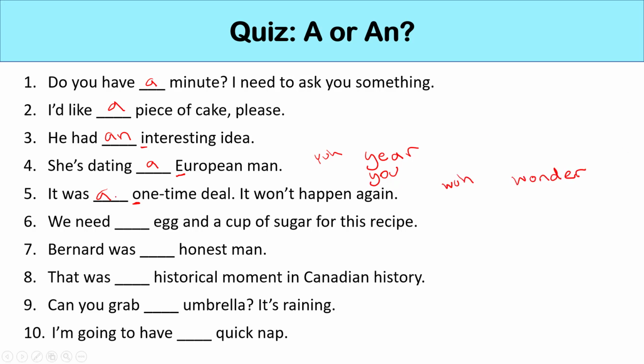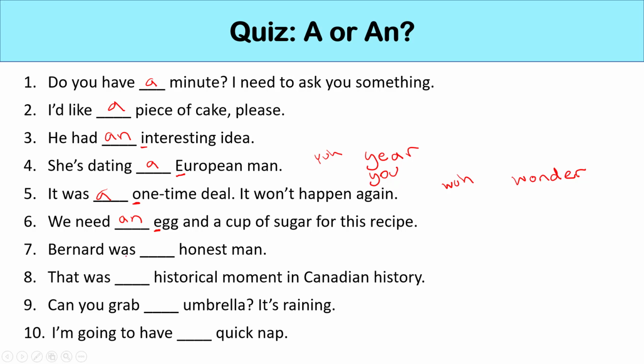So we have to write a. Number 6, we need an egg and a cup of sugar for this recipe. Egg begins with an E and it has a vowel sound. Very different from European, which has a Y sound.